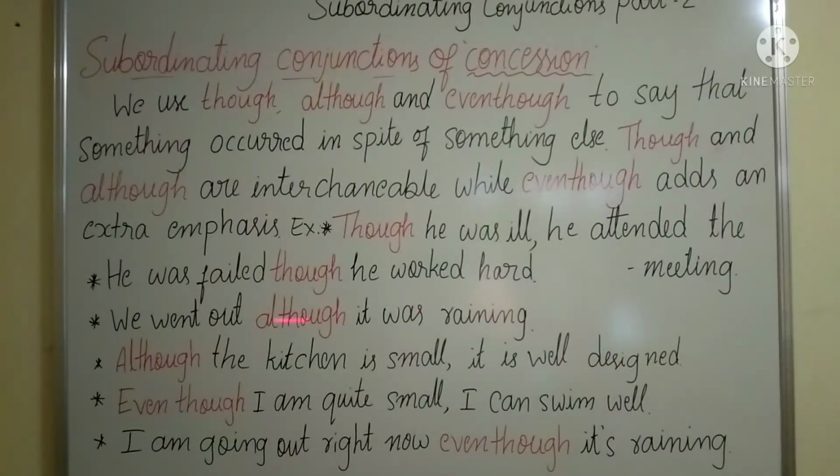Though it was raining, we went out. So this is called concession. Next. Although the kitchen is small, it is well designed. Actually, the kitchen is small, though it is well designed. Although the kitchen is small is the subordinating clause. It is well designed is an independent clause.